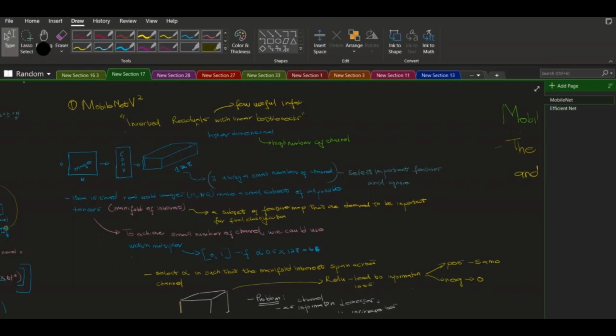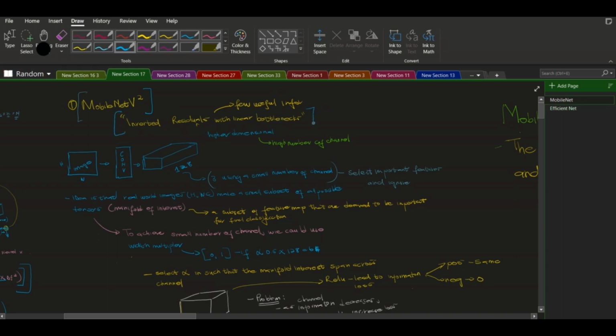So now we're going to look into MobileNet V2. I feel like the most important contribution from this paper was the inverted residual with linear bottleneck, which is what we're going to try to talk about. But before we get there, let's start with the motivation. If we're given an image and we have a convolution operation, we get an output.